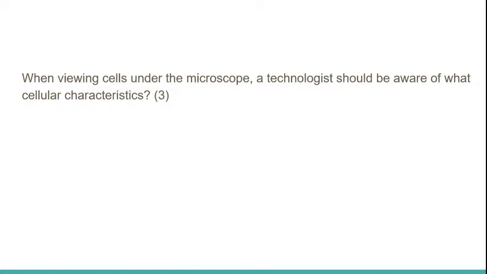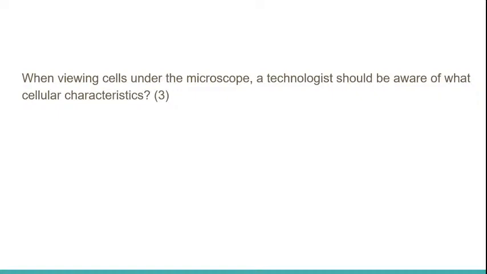All right, and now when we view cells in the microscope, a technologist should be aware of the following cellular characteristics. This will come in handy later on when we're identifying what type of morphological abnormality or anomaly is expected.